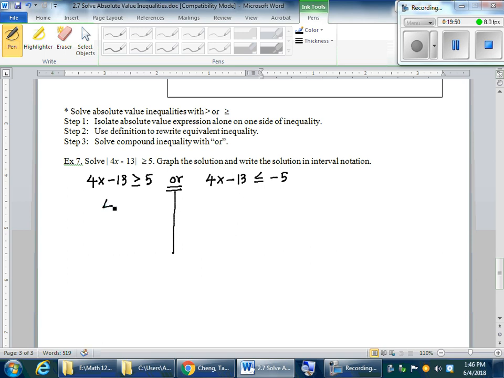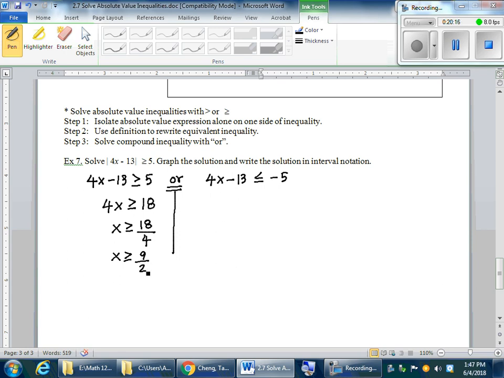So adding 13 on both sides, that gives me 4x is greater than or equal to 18. Divide both sides by 4 and reduce it, which gives us x is greater than or equal to 9 over 2.